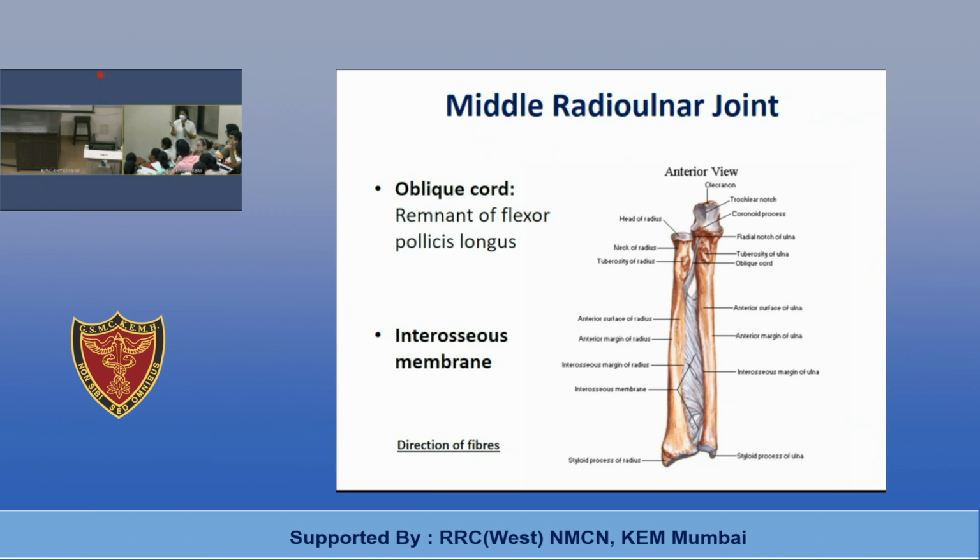What is the observation made with respect to the preaxial bone and postaxial bone of the limb? There are two bones, tibia and fibula. Similarly here there is radius and ulna. Which is the preaxial bone of the lower limb?